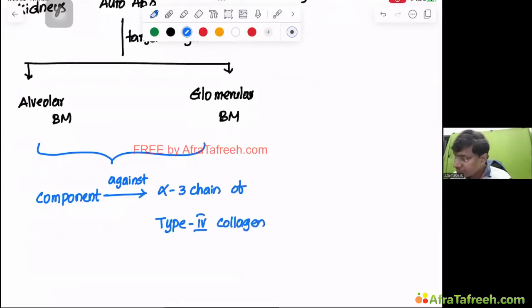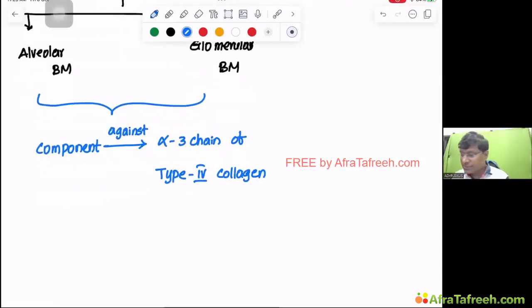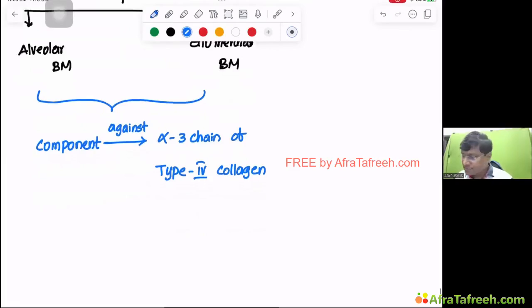Right, they are targeted against the alpha 3 chain of type 4 collagen.